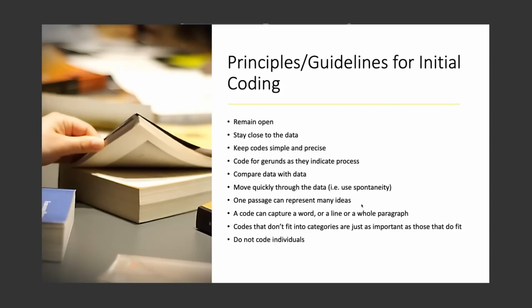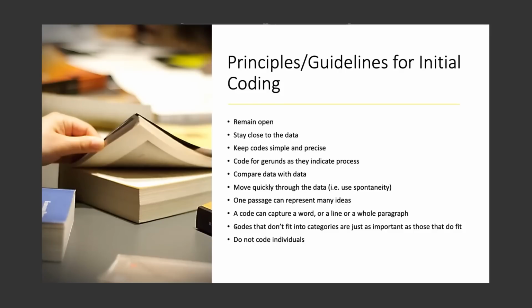If they are the same, then you should find a way to put them into one code and one code only. But if you think that these ideas are different enough, then of course you can make them separate codes. At the same time, one code can capture a line or a whole paragraph. That's really a different way of saying one passage can represent many ideas, and also going back to our line by line coding discussion.